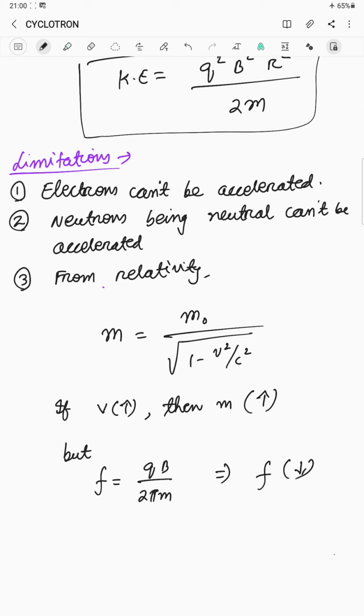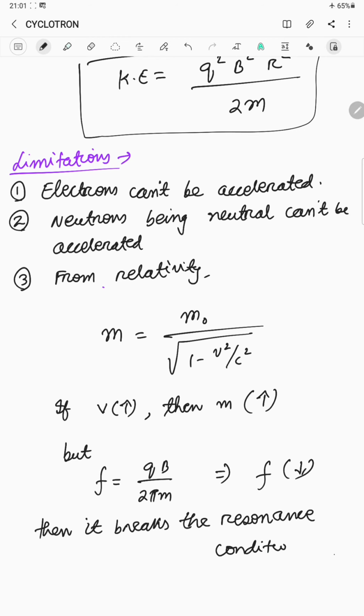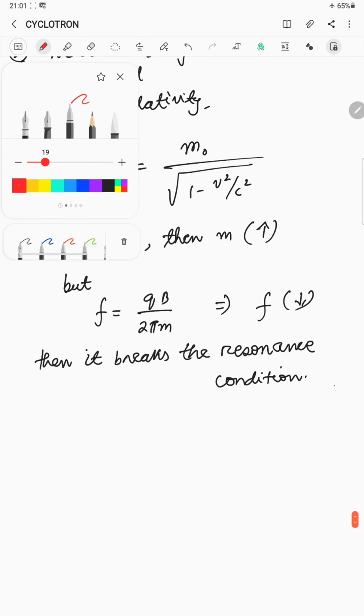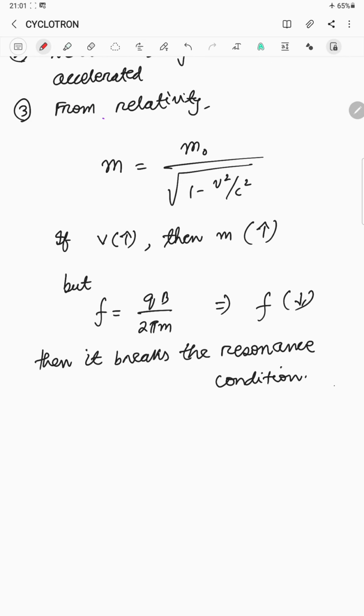If the frequency is decreasing, then it breaks the resonance condition. Now the question that comes to your mind is, sir, what is the resonance condition? Remember, for resonance we require two frequencies. The first is the frequency with which the particle is moving in the circular path through d1 and d2.